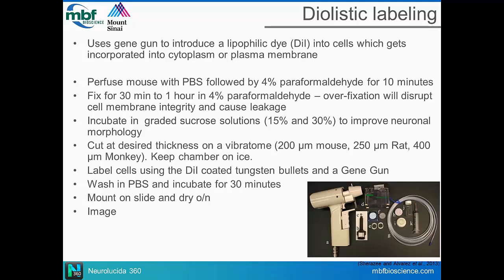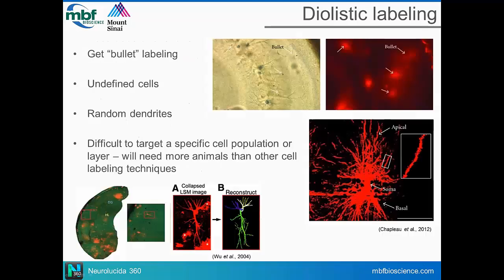But there are some caveats to this technique, and you can see that you're not necessarily focusing on one individual neuron like the previous methods. Here you're shooting your tissue with this gun, with these tungsten coated bullets with fluorescent dye. As you can see, you get a lot of these little bullet labelings throughout the tissue.